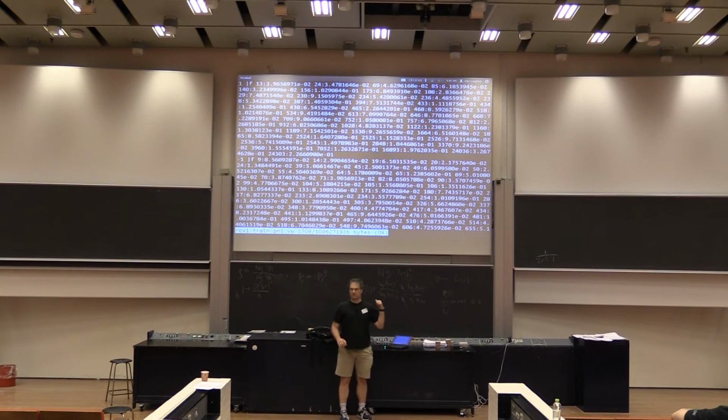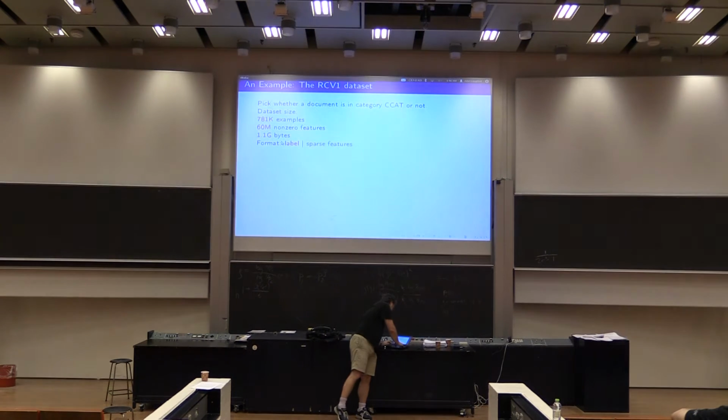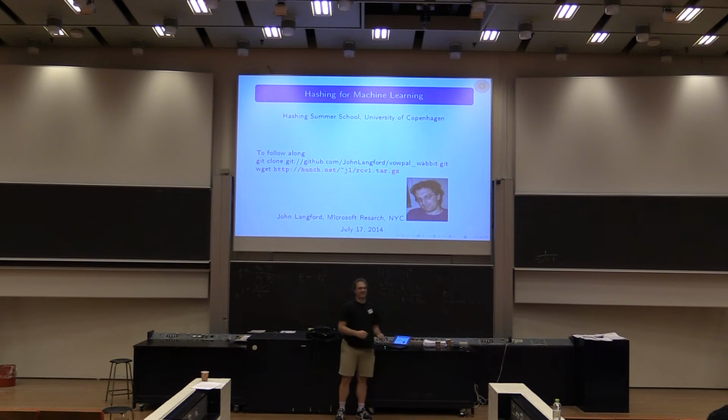So this is the data set. Okay, so what does it mean structure-wise? Yeah? The slides that you have online, they don't have the Git links. That's right. Could you maybe show them again? Yeah. Here's the Git links.